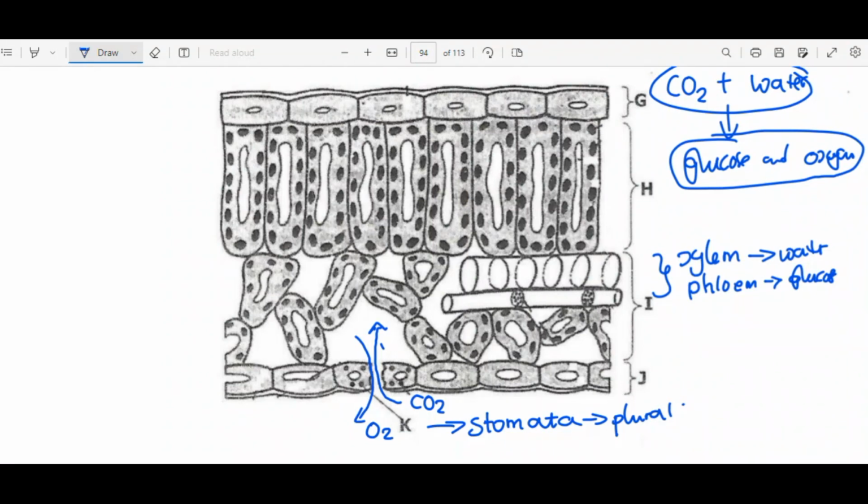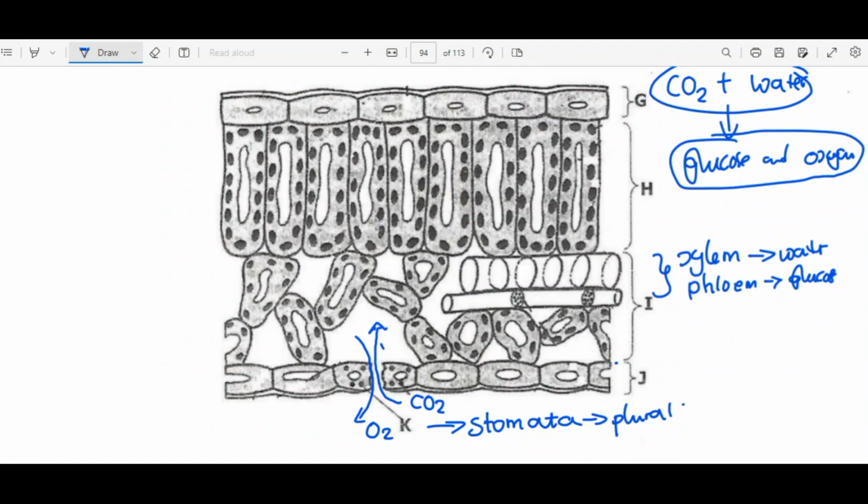So the lower layer can be used to protect and also to control the size of the stomata. Thus, it controls the amount of water evaporated or the amount of gases diffusing in and out of this structure.